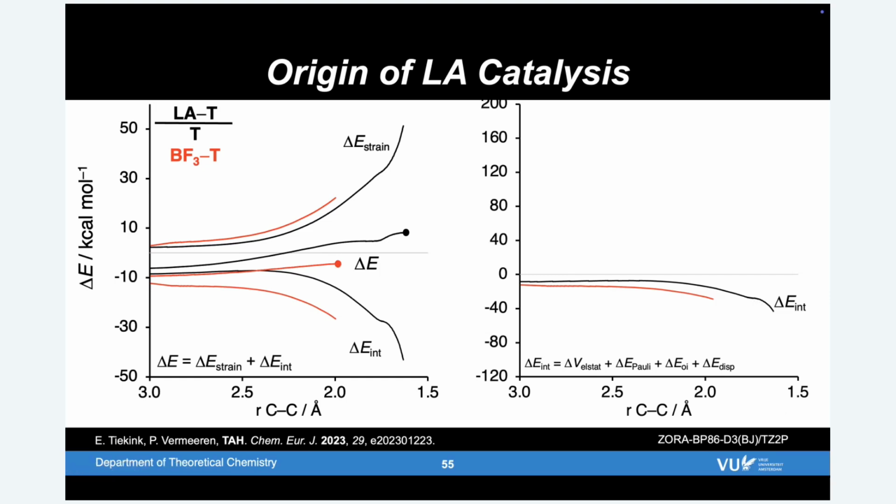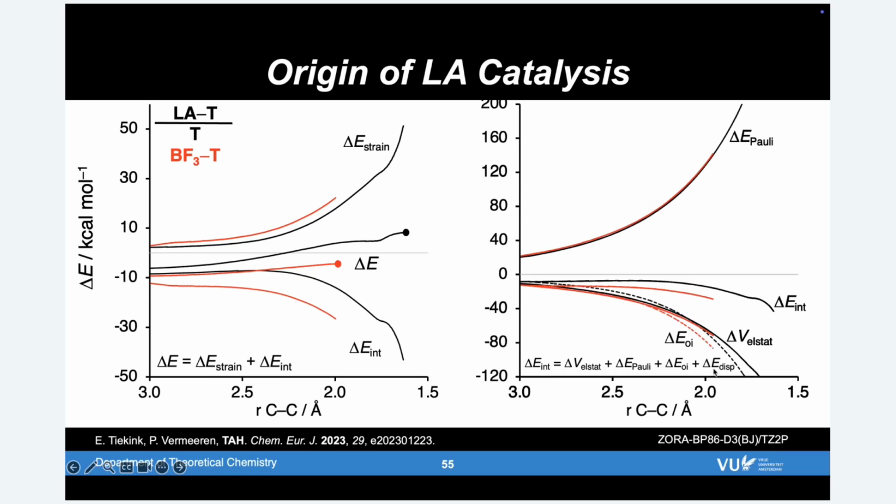And then again, this is the same data, just plotted on a different y-axis, and we decompose it into this electrostatic interaction. Okay, not such a big difference in these curves, so not super important. The Pauli repulsion curves are also quite superimposed, so not contributing too much to the differences here.